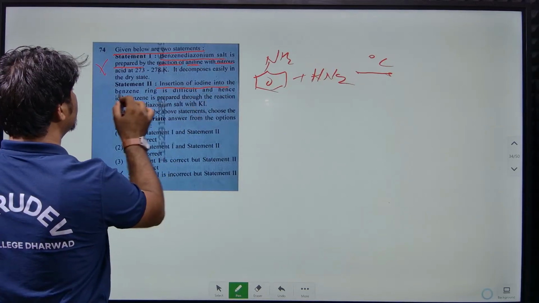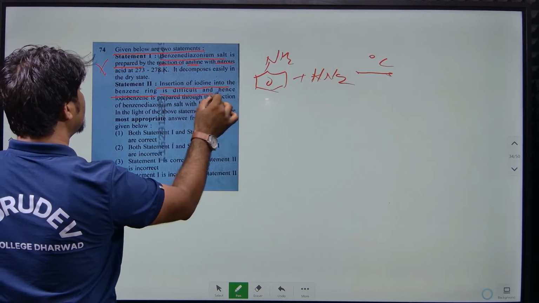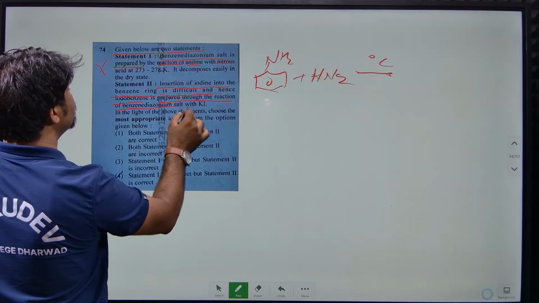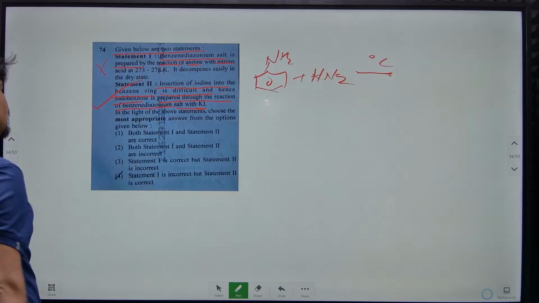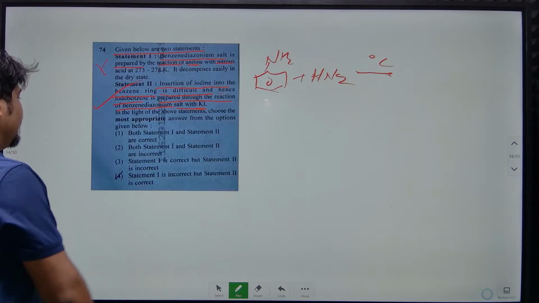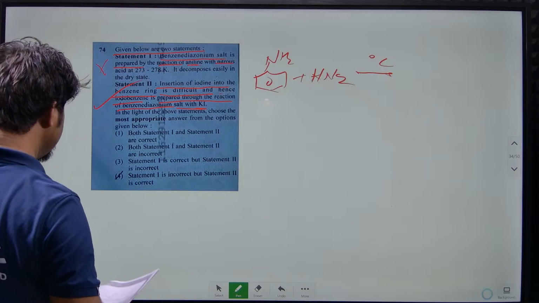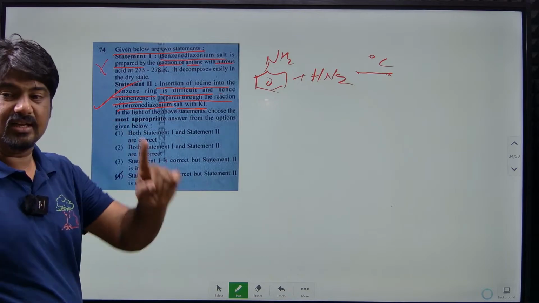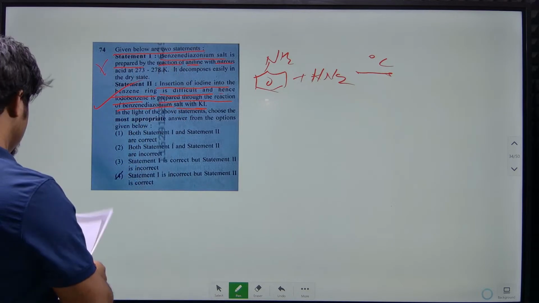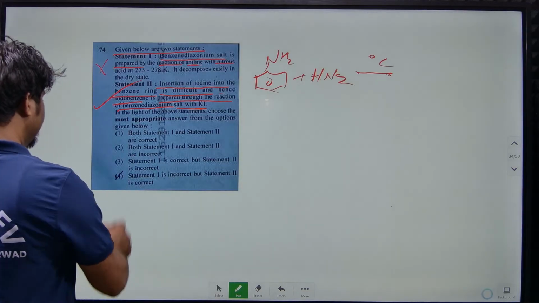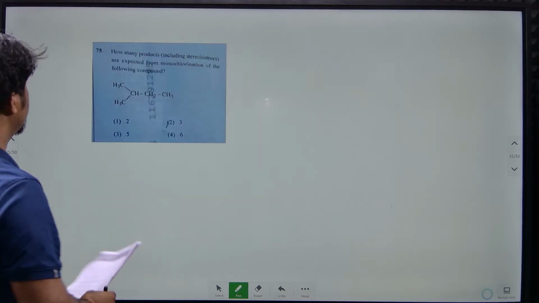Insertion of iodine into the benzene ring is difficult, and so iodobenzene is prepared through the reaction of benzene diazonium salts with KI. Yes, statement 2 is correct. Hence statement 1 is incorrect and statement 2 is correct. So the right answer is the fourth one. Well, go to the next problem.